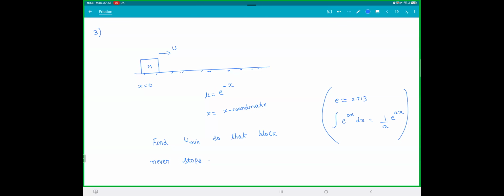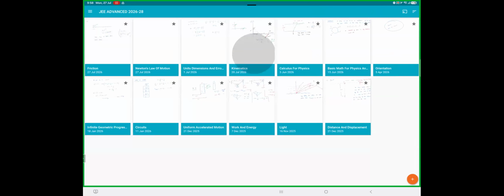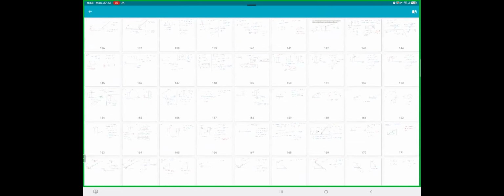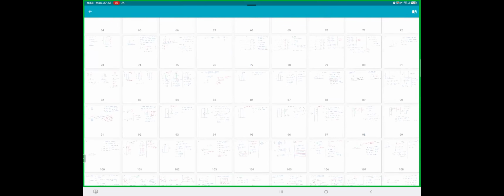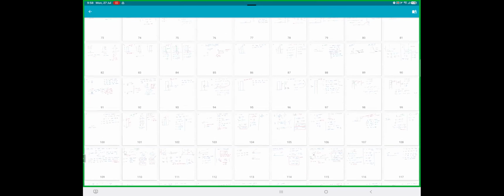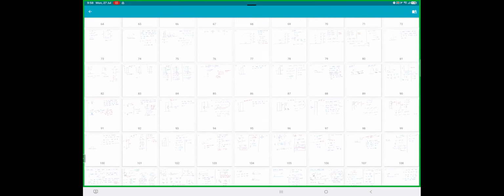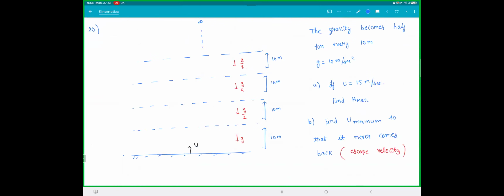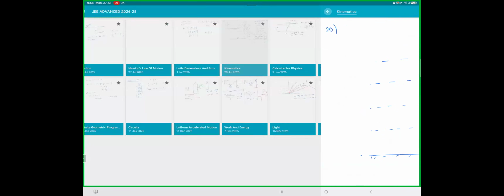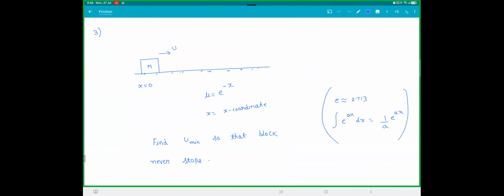Does anyone remember what the question was? Every 10 meters, the gravity was becoming half. It's not exactly the same thing, but kind of like this question, if you remember. Let's see how we approach this. It looks weird and scary, but this is mostly a kinematics problem. So give it a try.